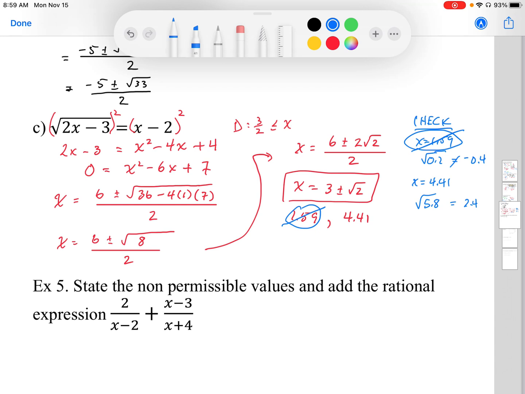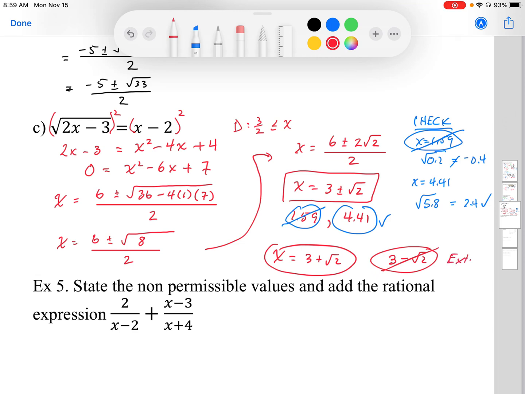If I take the square root of 5.8, I get about 2.4. So this is okay. This solution is perfectly good. So the solution is x equal to 3 plus root 2. This is our valid solution. 3 minus root 2 is extraneous.